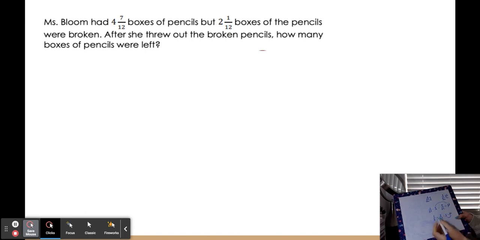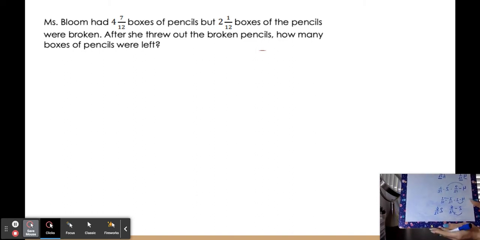So first, we'll do our 4 minus 2, which leaves us with 2, and then our 7 minus 1 over 12, which gives us 6 over 12. And here we're not really adding, we're just going to put the numbers together, which leaves us with 2 and 6/12.